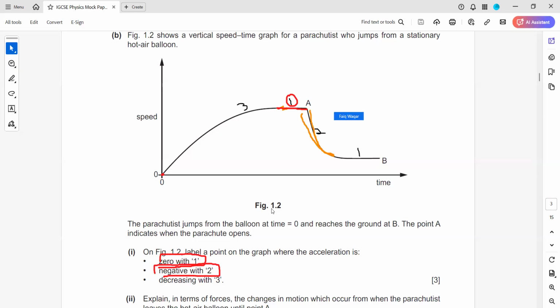So at which position is the speed decreasing? You can see this position, the speed is decreasing, and the acceleration is decreasing. So the slope should decrease. Which region is the slope decreasing? So anywhere we can mark on this region. So that's just points 1, 2, and 3.